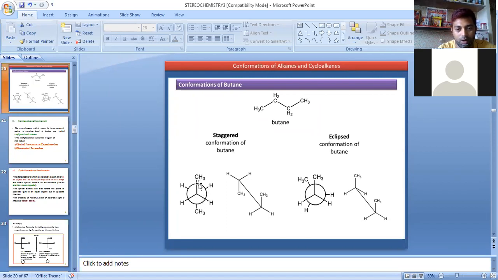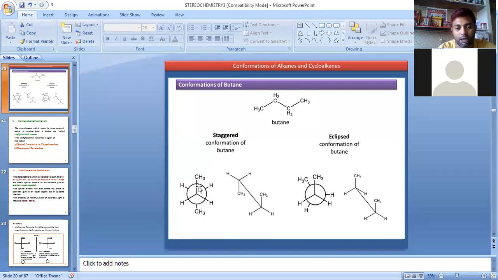So in this case, it is a staggered conformation. Understood? See, the angles between this methyl group and this hydrogen atom is 60 degree, from this hydrogen atom to this hydrogen atom, 60 degree, from this hydrogen atom to this methyl group, 60 degree. All are 60 degree dihedral angles.